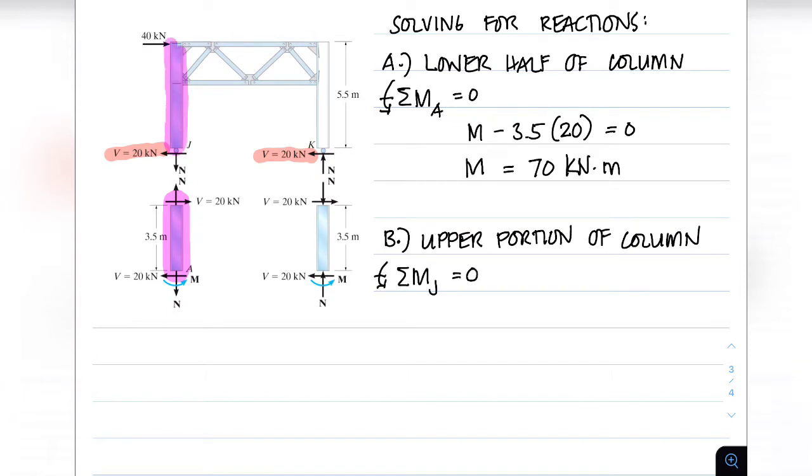Using the upper portion of the column, we take moment at point J, giving us negative 40 times 5.5 plus N times 8 equal to 0, where N refers to the vertical reaction at our columns. Now the value of our N becomes 27.5.